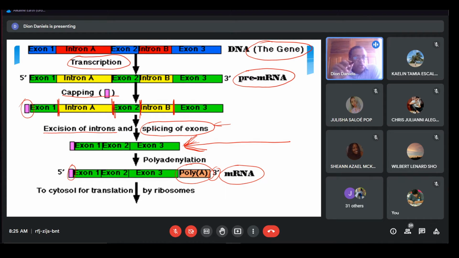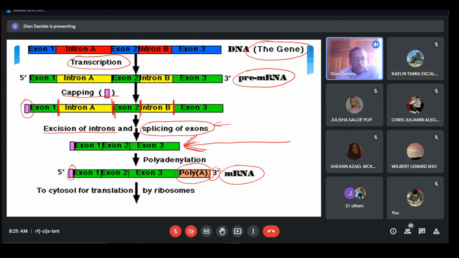So before transcription is over, it is already forming that polypeptide. In the case of eukaryotes, immediately after transcription, translation cannot start yet because that pre-messenger RNA has to go through processing.